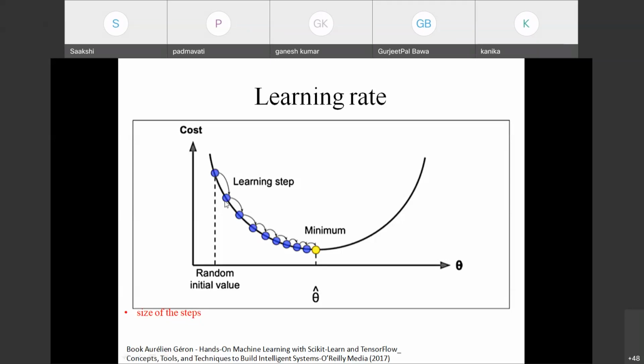It got reduced based on the same formula that we discussed: W equals W minus alpha times the derivative of the function with respect to dw1. So my cost function got reduced after updating the W value from this randomized value to this particular value.